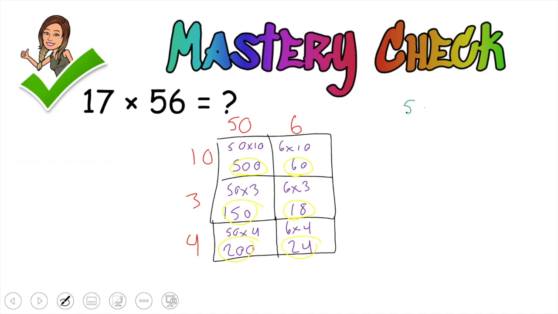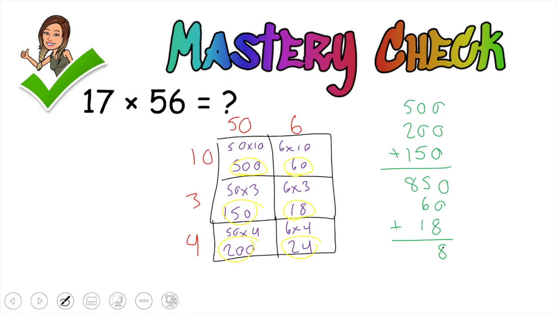So I'm going to have 500 plus 200 plus 150. I'm going to add those 3 first to equal 850. Then I'm going to add 60 and 18. And that's 8.